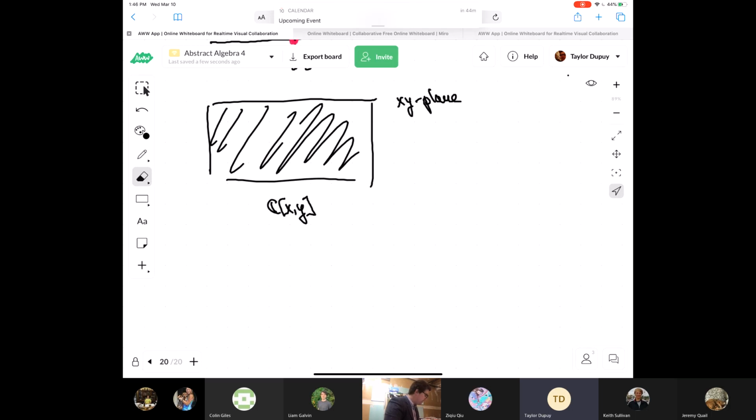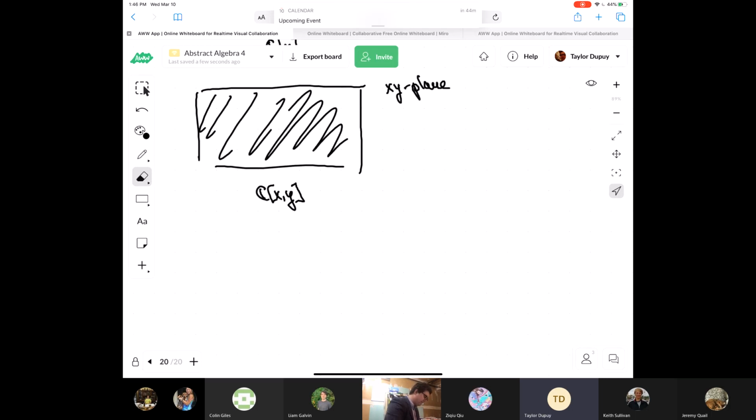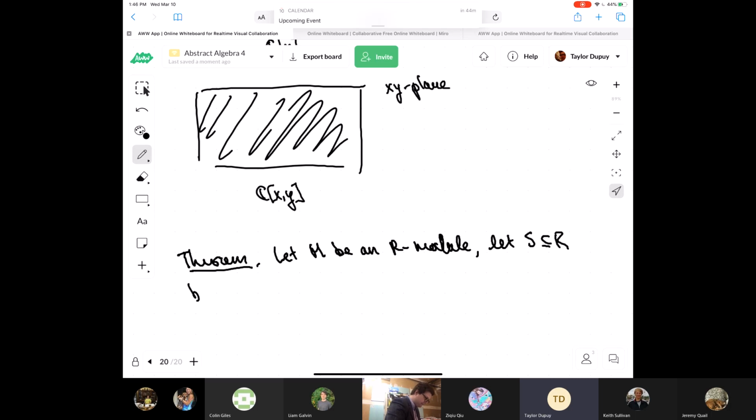Okay, so there's a theorem, and this works for rings and modules. Or a lemma, I don't know what you want, let's just call it a theorem. So let M be an R module, and let S, a subset of R, be a multiplicatively closed set.